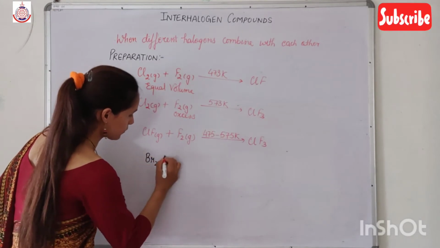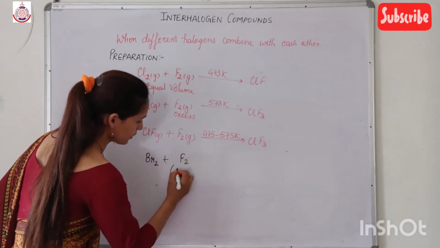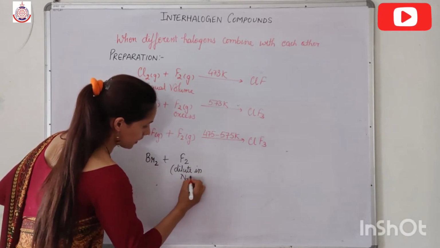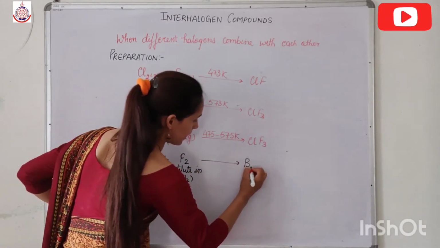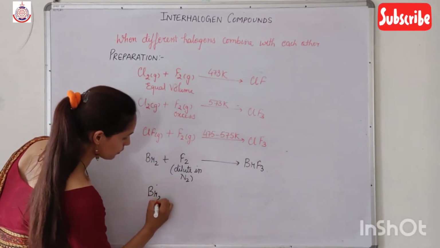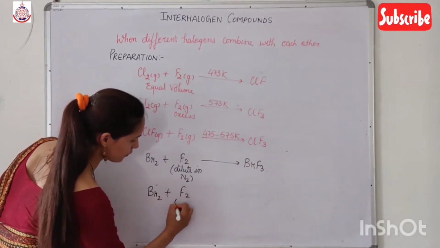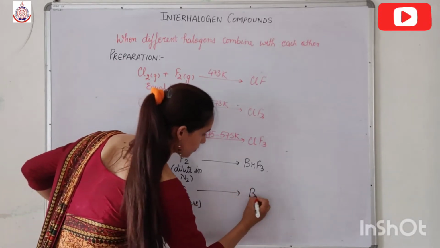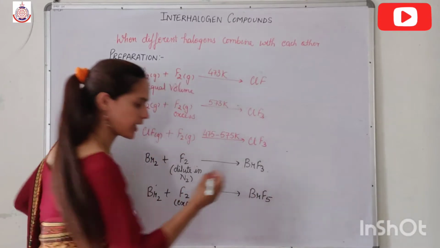Br2 reacts with fluorine, and if that fluorine is diluted in N2, then I get BrF3, and when Br2 reacts with excess of normal fluorine, then I get BrF5.